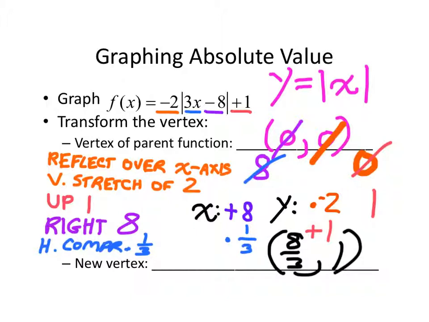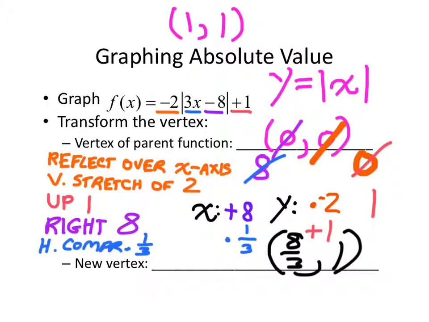Now all we need is one more point, and like last time, we'll use the symmetry to get the third one. But if I look at the parent function y equals absolute value of x, I see that it contains the point (1, 1). So I can do these exact same transformations on that point.